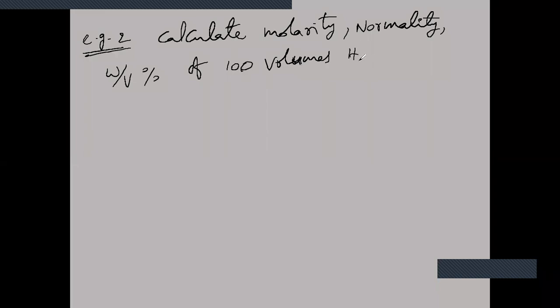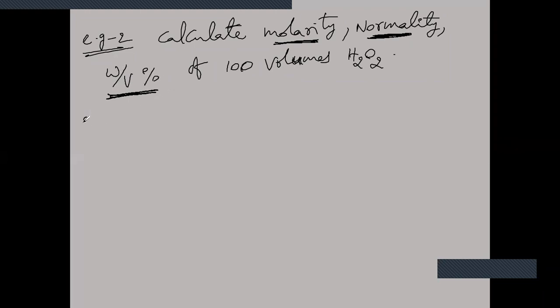This is the question here. Now what did they ask to calculate? Molarity, normality, and weight by volume percentage. These three they asked.